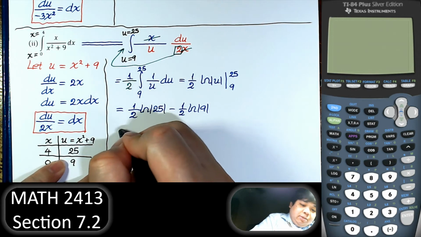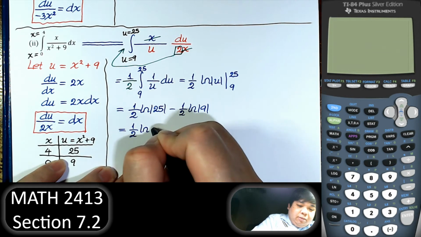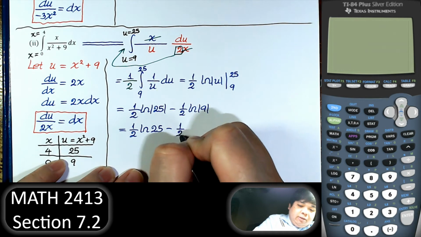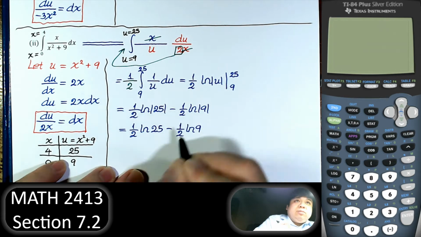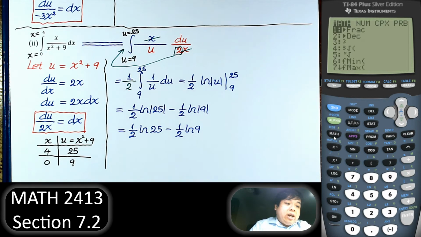So we just say 1/2 ln of 25 minus 1/2 ln of 9. Right, that is a perfect answer. Even though we can simplify that, but usually if it is a definite integral, I should check when we have the limit.